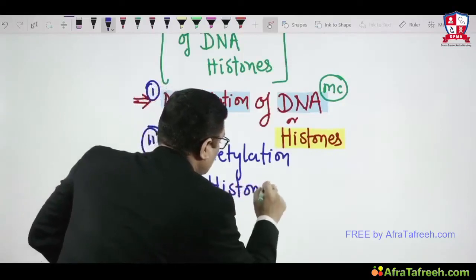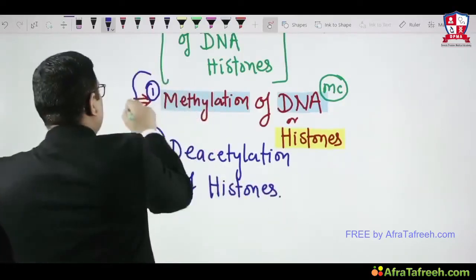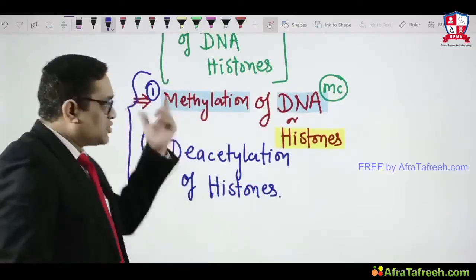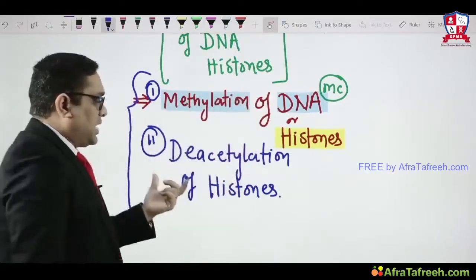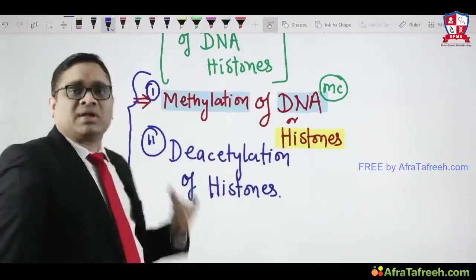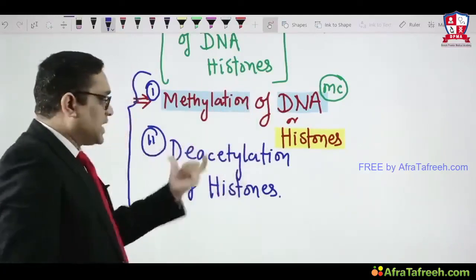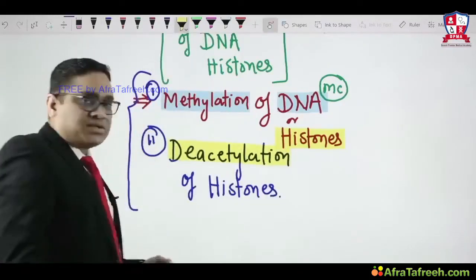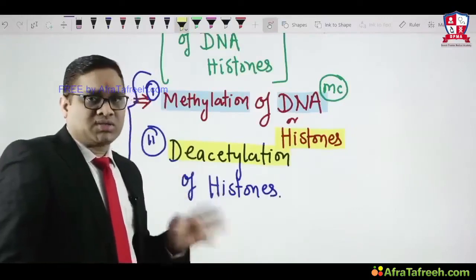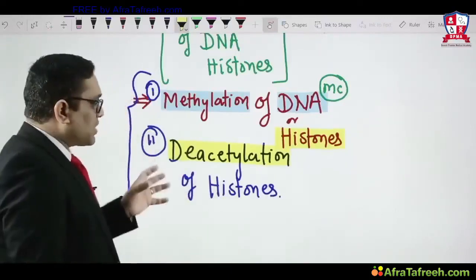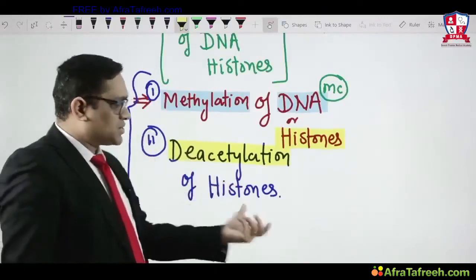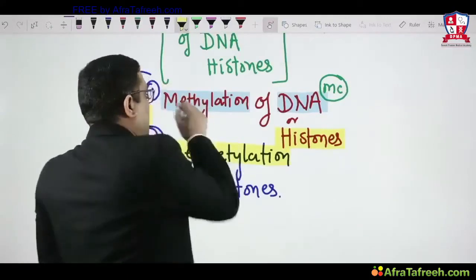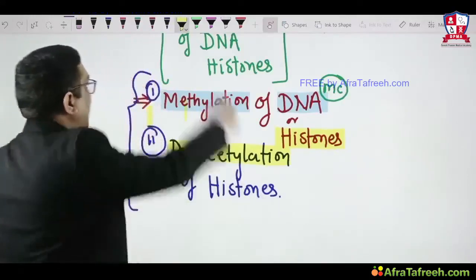So these are the two basic mechanisms which we have to keep in mind for future exams also, right? So methylation of DNA or histone and deacetylation of histone will inactivate them, right? Deacetylation of histones will inactivate or cause genomic imprinting, right? But the most common mechanism, if the examiner asks, your better answer should be methylation of DNA, right?